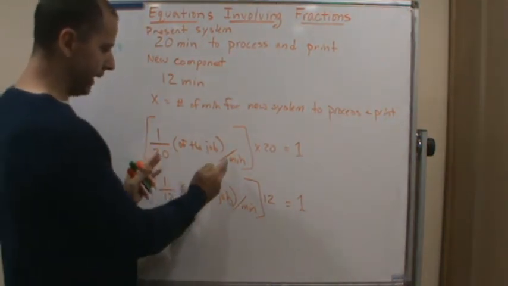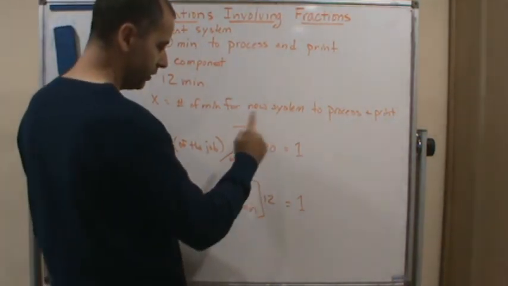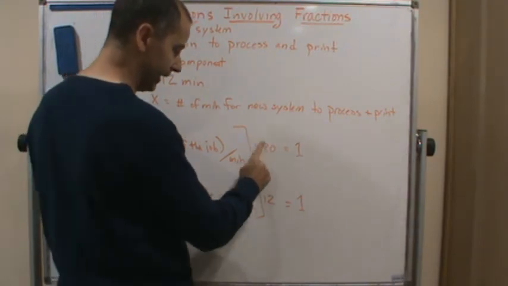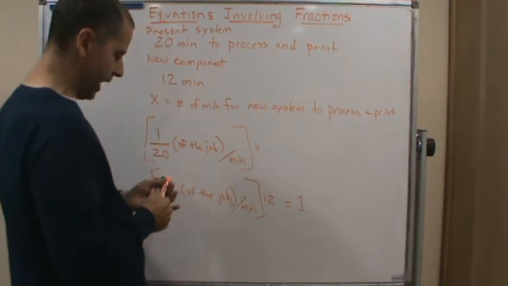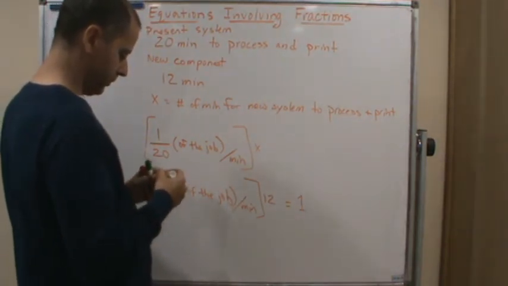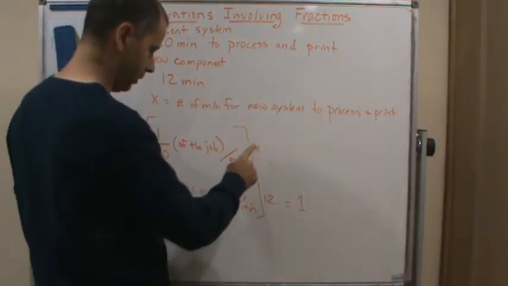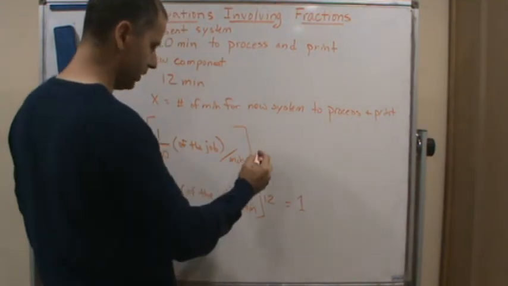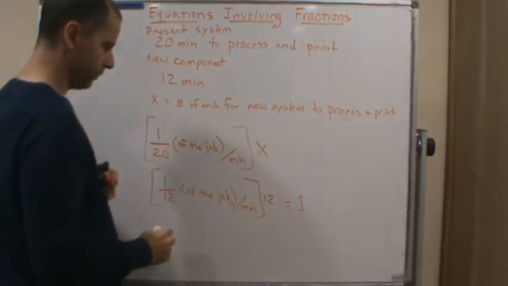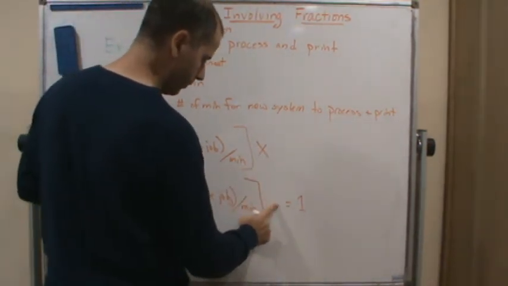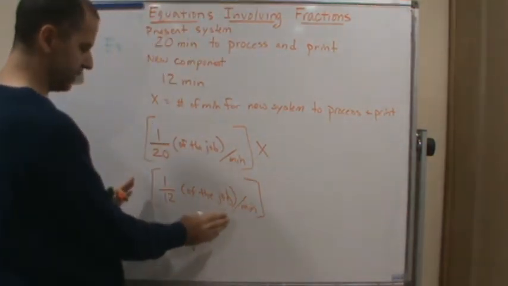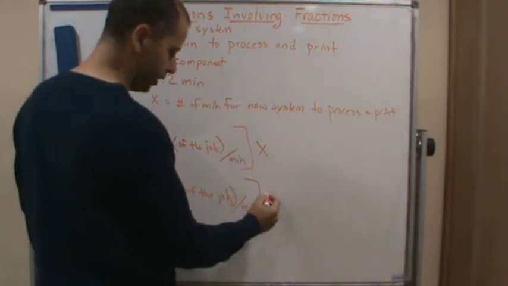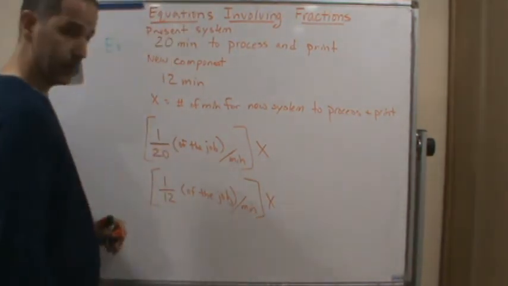It's the rate times the total time it will take to do the job, which in this case is X. And the portion of the job that the new component will do is its rate times X.